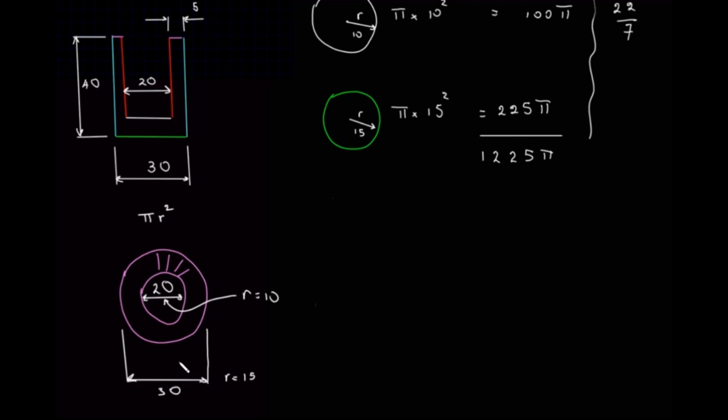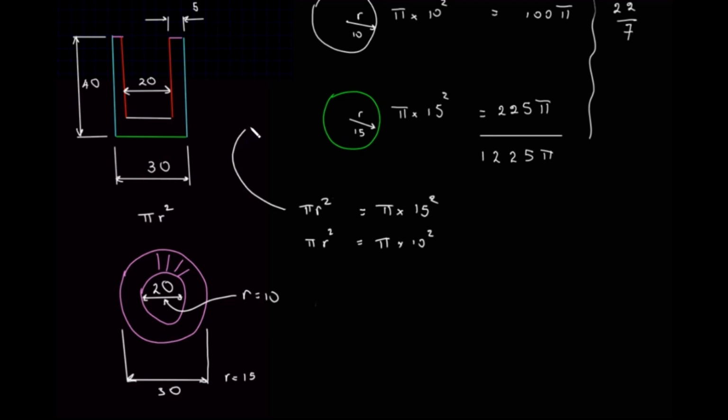So what we have, the whole thing, remember it's pi r squared, is equal to pi times r, which is 15, squared. And this one here again is pi, different r this time, half of that, which is 10, 10 squared.